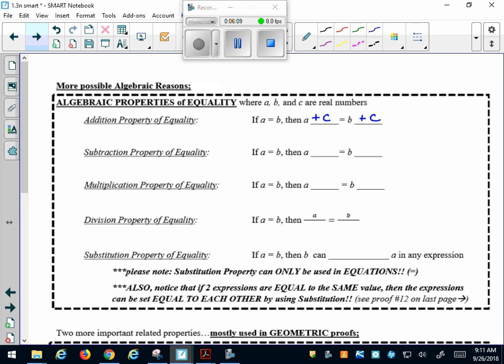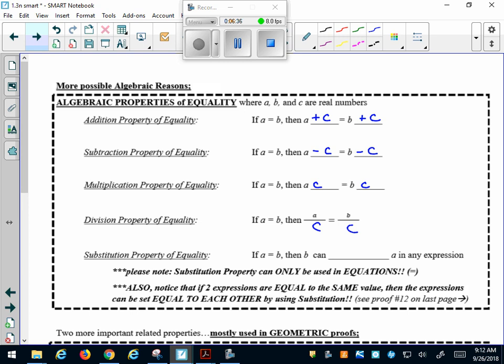Subtraction property just says you can subtract the same thing from both sides. Multiplication property says you can multiply both sides by the same value and it'll still be equal. And division says you can divide both sides by the same value and it will be equal. Okay, the substitution property of equality, you've done this before.